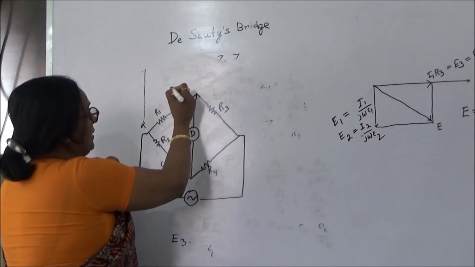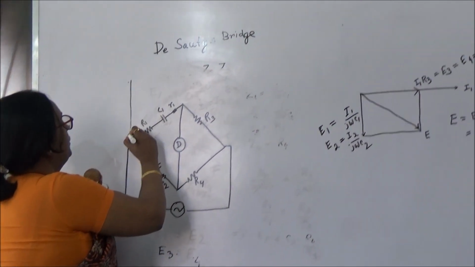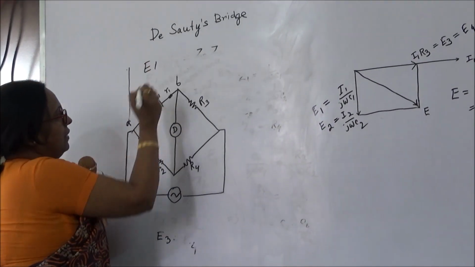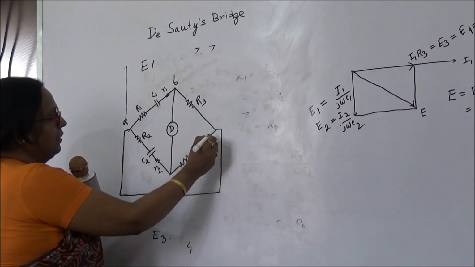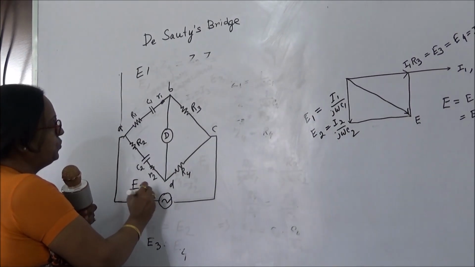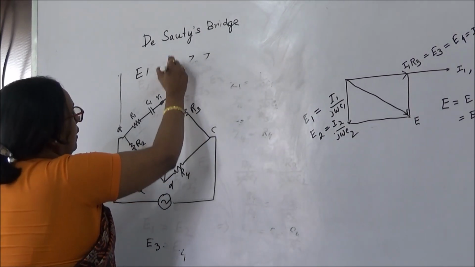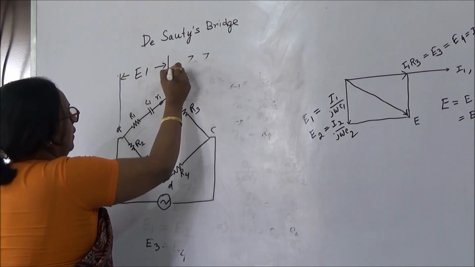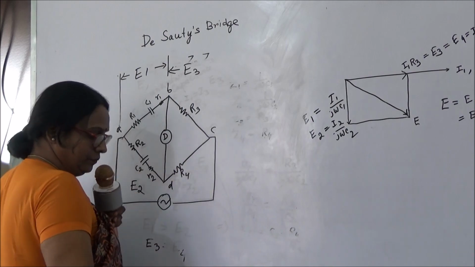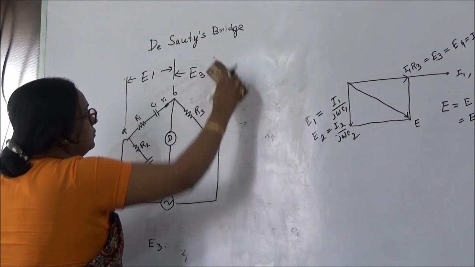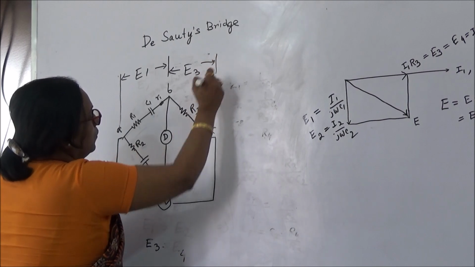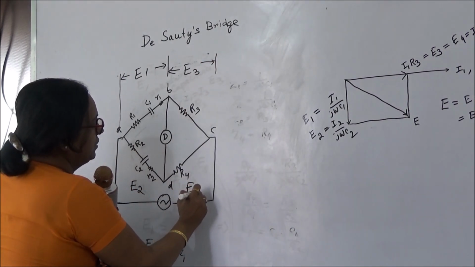So this E1, the potential between the points A and B, and this is my E2, and this potential is E3, and this potential is E4.